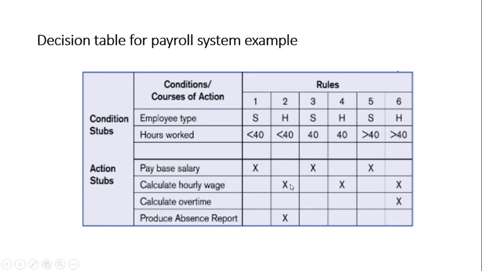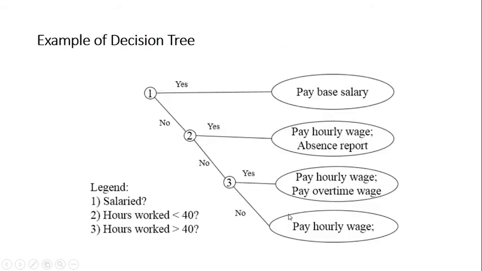You have to calculate the hourly wages and produce the absentee report. So two outcomes are there. You have to calculate the hourly wages also, and you have to produce the absentee report also. See, if the person is working for less than 40 hours, you have to pay hourly wages and you have to produce the absentee report.